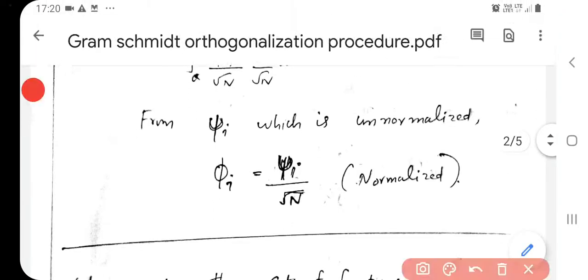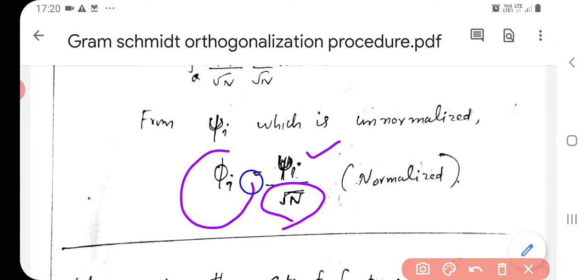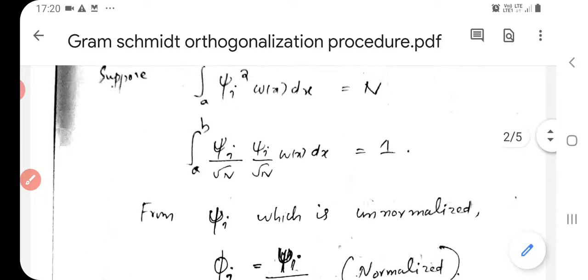If you divide a function by its norm, that is root n, so phi i equals psi i by root n, then phi i will be normalized. Suppose psi i is unnormalized; if you divide it by root n, you will get the normalized function.